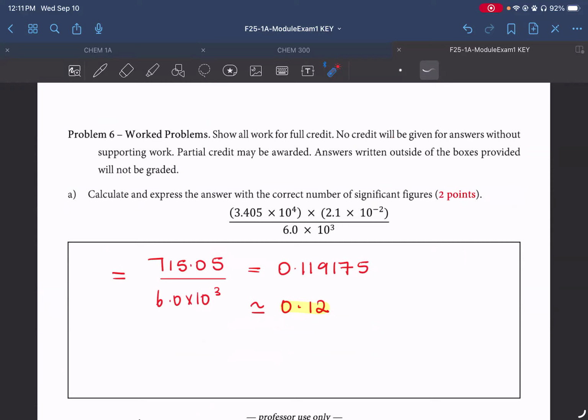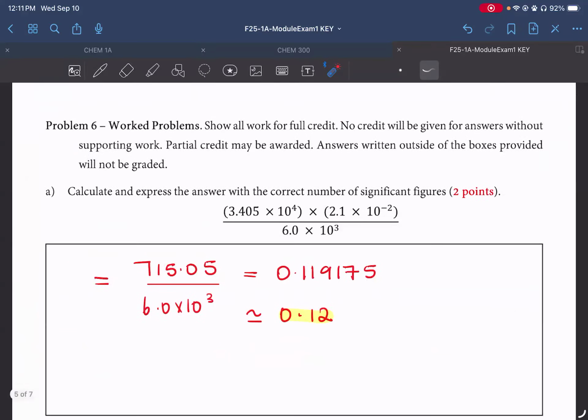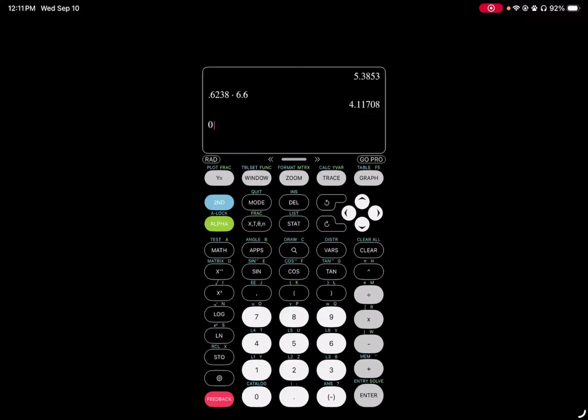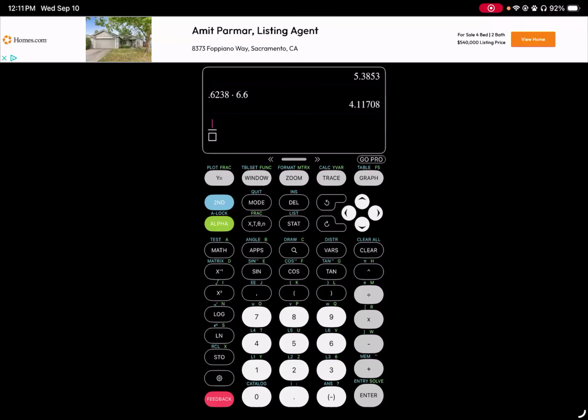Okay, I want to actually show you something about this particular question. We have here a full equation written right here. I'm going to actually put it on my calculator to show you what the answer should be.